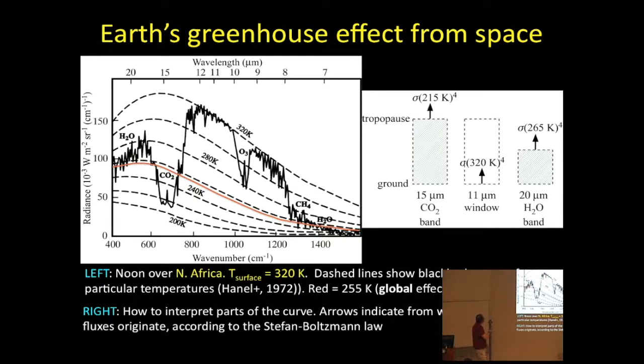And if we go over here to the 20 micron bands of water, where are we? Here, 20 microns. Then what's this black body temperature? I've estimated as 265 Kelvin. So your sigma T to the 4 is coming here. Where would 265 Kelvin be? What altitude? Based on information I gave you in previous slides and a little bit of arithmetic.